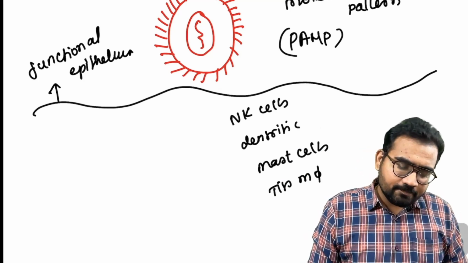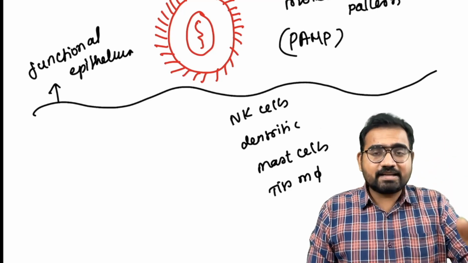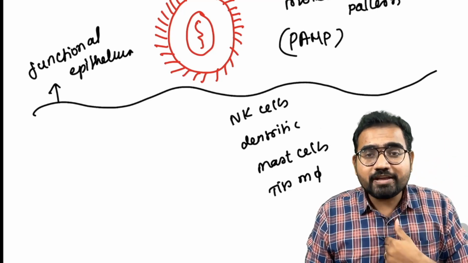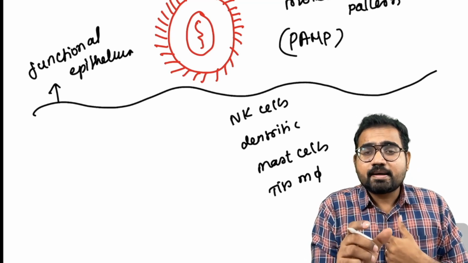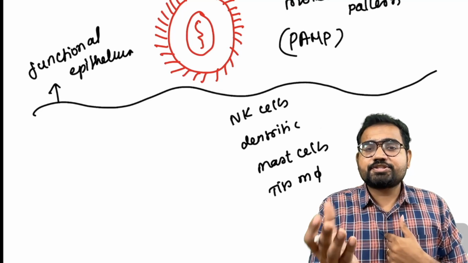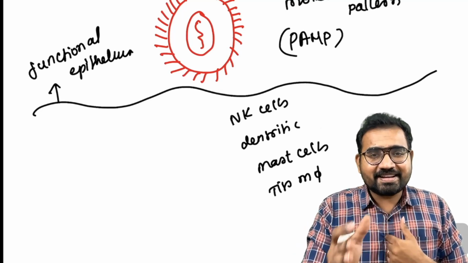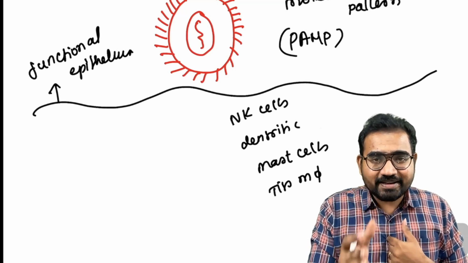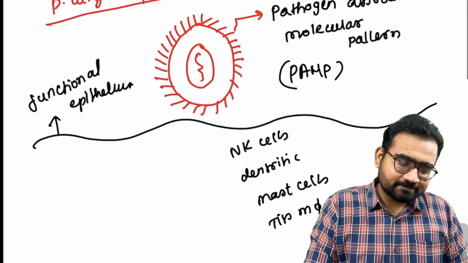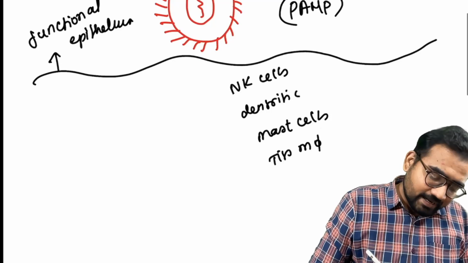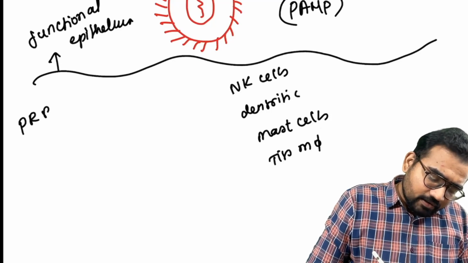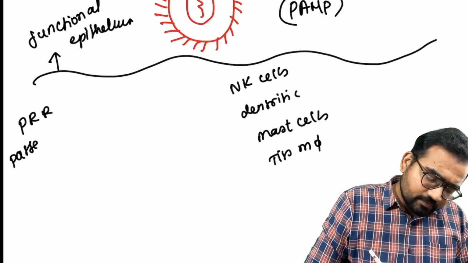So similarly, to recognize that PAMP, our body will have certain receptors called pattern recognition receptors. What pattern does it recognize? This pattern. So I'm going to call that PRR, pattern recognition receptor.